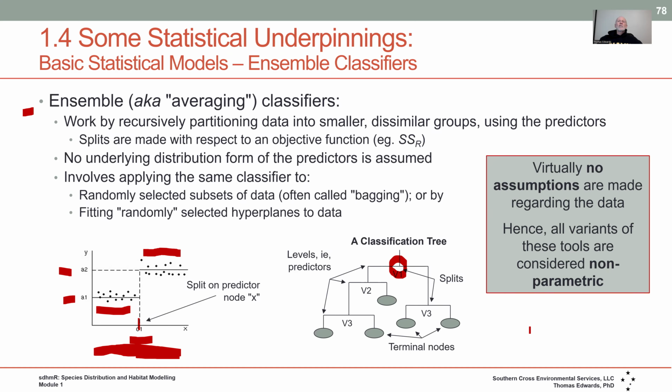Now, these tree-based models, which I generically define as non-parametric, these are the most common types of models in the non-parametric grouping. We have boosted regression trees. We have Bayesian additive trees. We have random forest trees. We have classification trees.